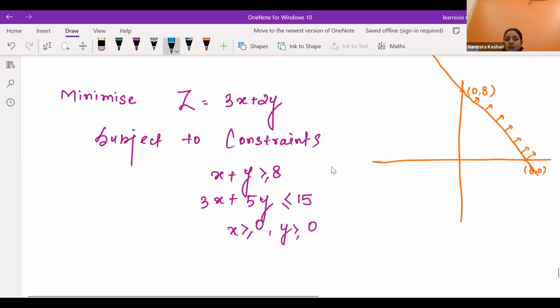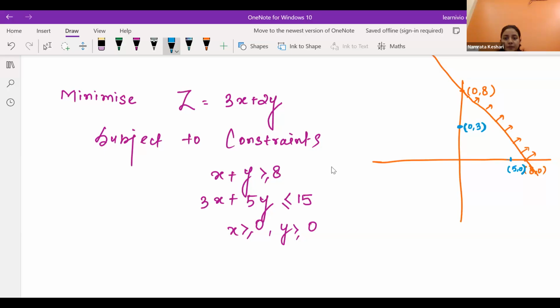Okay, now the next one. It says that 3x plus 5y is smaller or equals to 15. When x is 0, what is y? 3. And when y is 0, what is x? 5. A solid line or a dotted line?